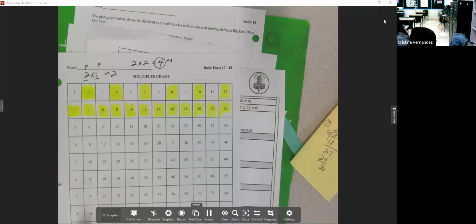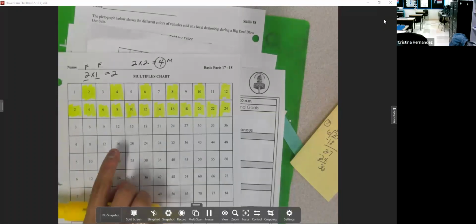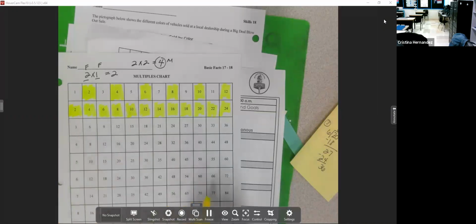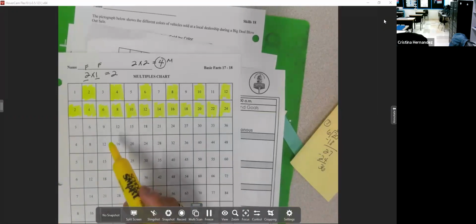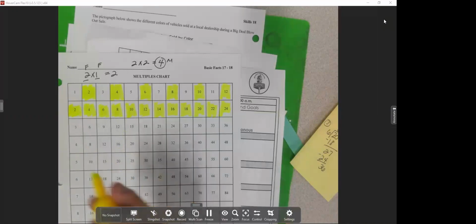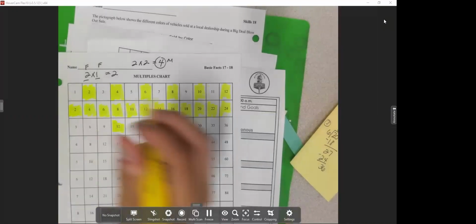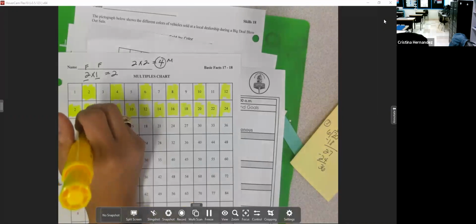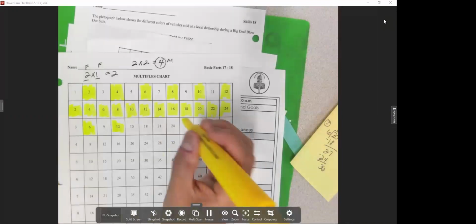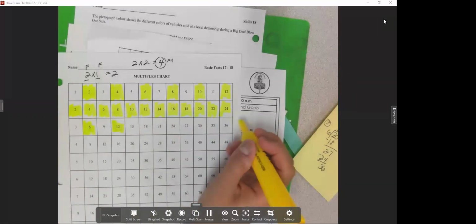On this next row, what else is multiples of 2? What can be divided by 2 on this next row? You can tell me. 12. What else? 6? 3 times 2, right? 36. 36 would be one, yep.